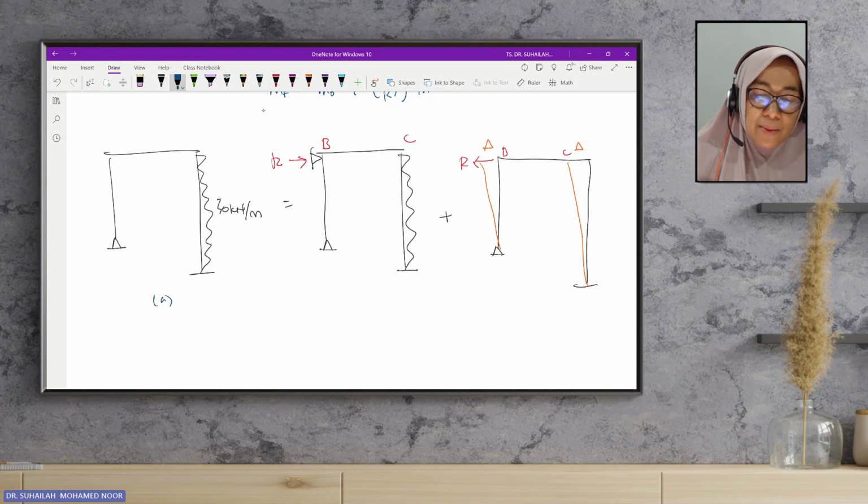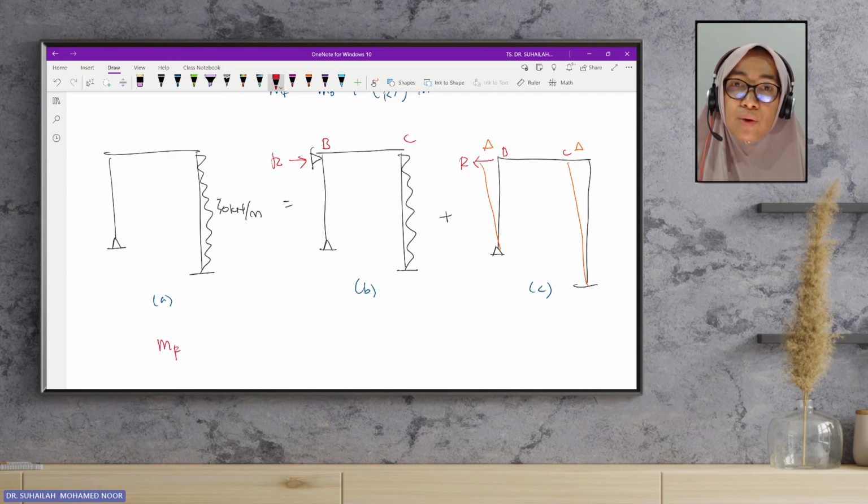So this is diagram A, diagram B, diagram C. Diagram A is the final end moment. This is what we want at the end of analysis.